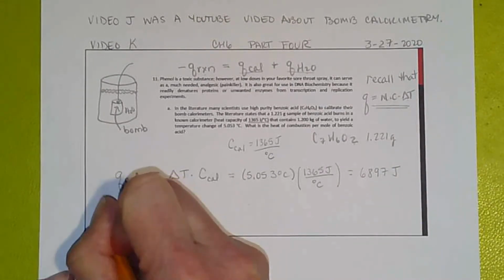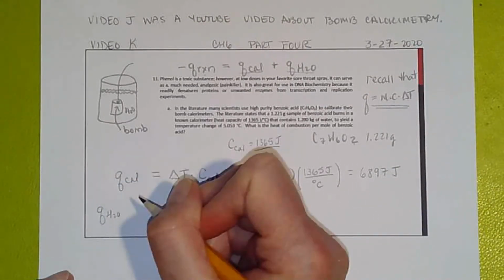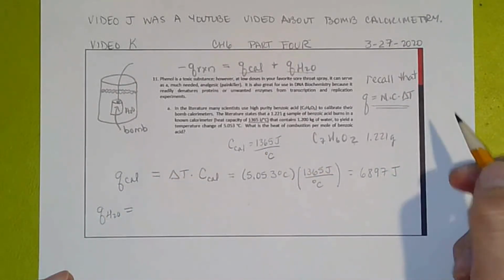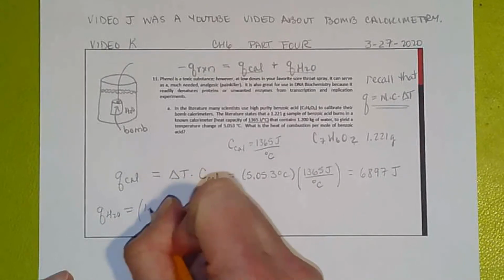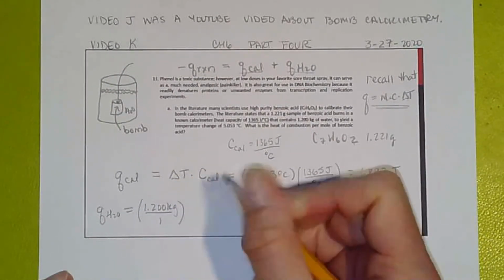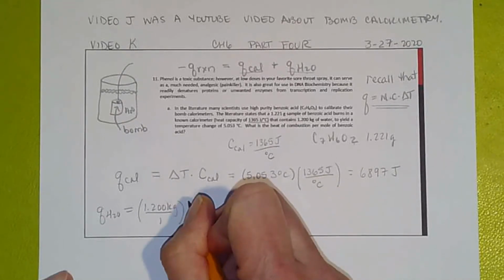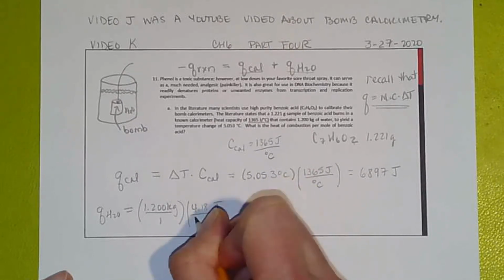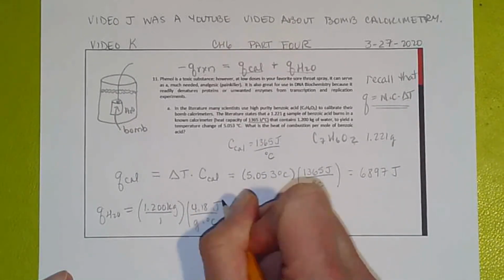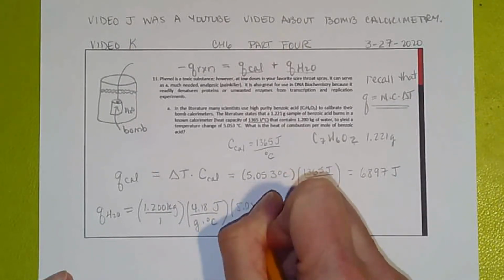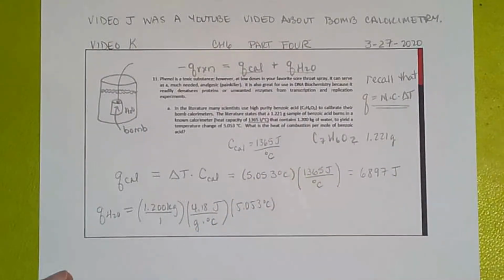Then we have Q of water, and that is going to be done the way we always do it. We're going to take the mass, 1.200 kilograms, and we're going to multiply by the heat capacity of water, which you would have to look up. Okay, and then we're going to multiply by 5.053 degrees. And what do you notice here that's going to be a problem?